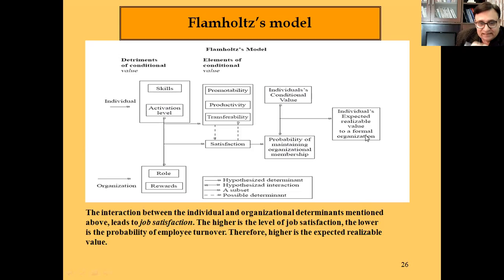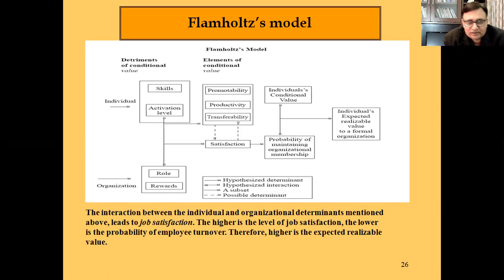Similarly, the second is role and rewards. The more you give roles to the person to work within the organization and give rewards, the more satisfied he will feel, and the probability of maintaining organizational membership will be very high. So the individual conditional value is dependent upon skill, activation level, role and rewards. Multiplied with the probability of maintaining the membership, we get the individual expected realizable value to the formal organization.